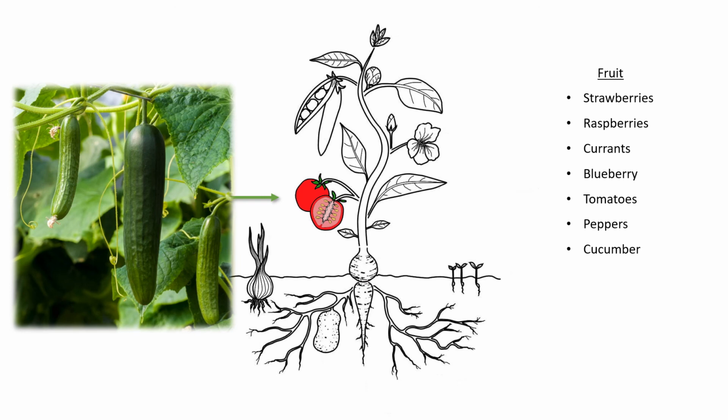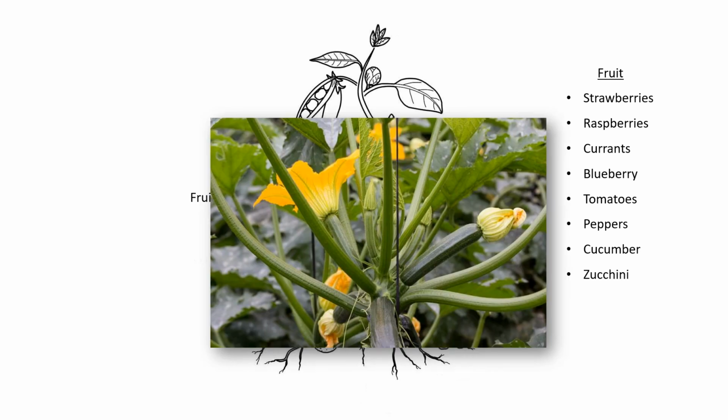Other fruit that you would find on plants: cucumbers, zucchini. And here, if you notice, the zucchini, not only do we have the fruit, but we also have flowers growing. When you get the zucchini when they're very young, those flowers are beautiful, very edible. You can stuff them and use them on dishes. As a garnish, you can put a nice arrangement of small cut vegetables.